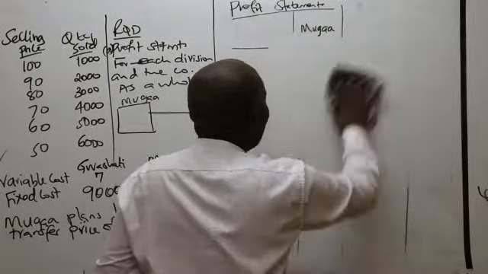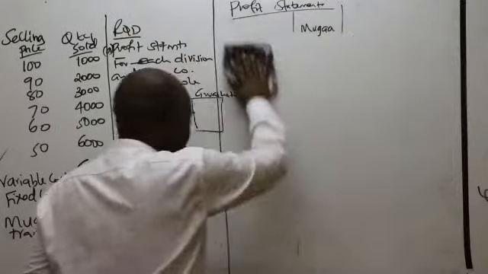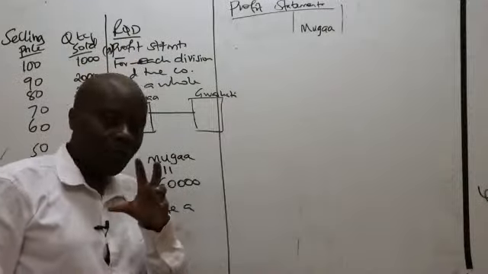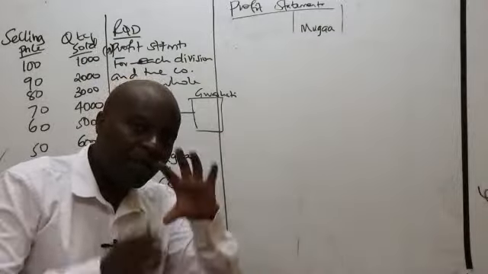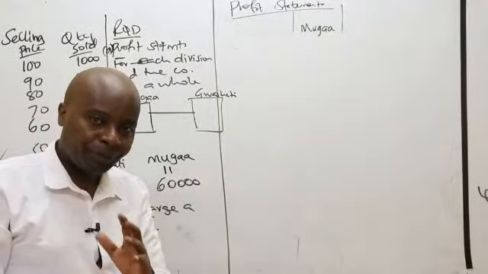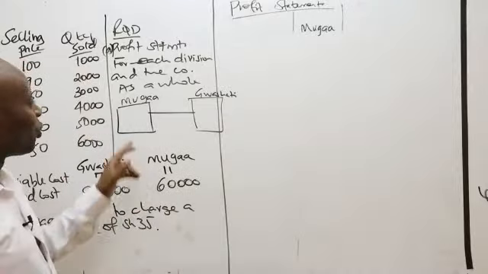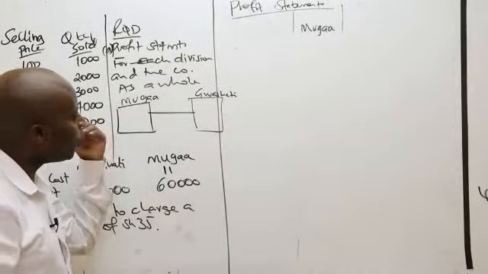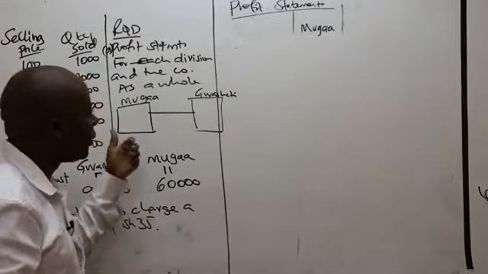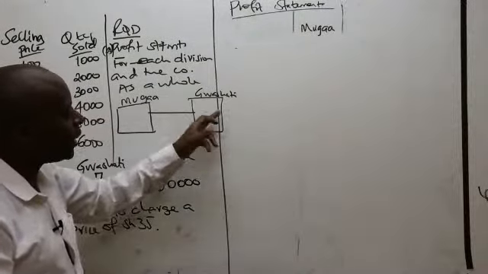So we start with Muga. I want to get the profits of Muga. How do we get profits, ladies and gentlemen? To get profits, we normally take the revenue we generate minus costs. Muga is not going to produce goods of its own without getting instructions from Washati.